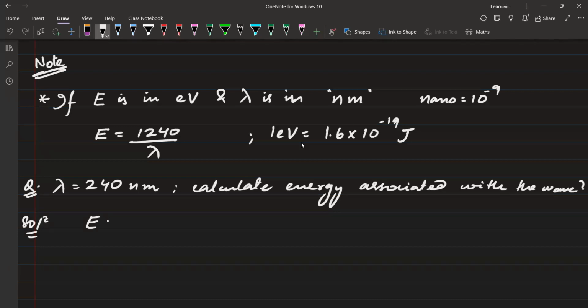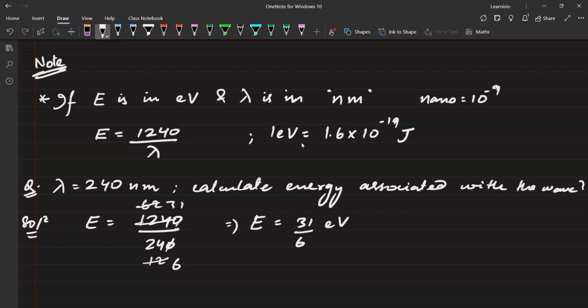Energy will be equal to 1240 divided by, नैनोमीटर में है, तो सीधा divide by 240 कर दीजिए. Now 124 upon 24 हो जाएगा, and then if I cancel it, this will be approximately, 62 approximately, 12, then this will be 6, this will be 31. So we can say that energy will be equal to 31 upon 6 electron volts.